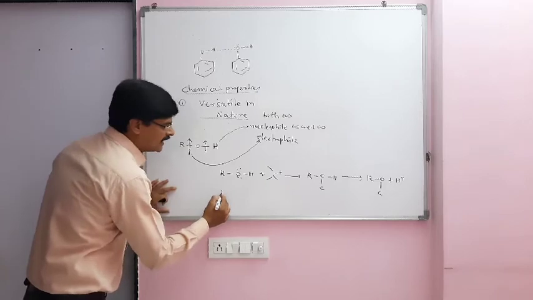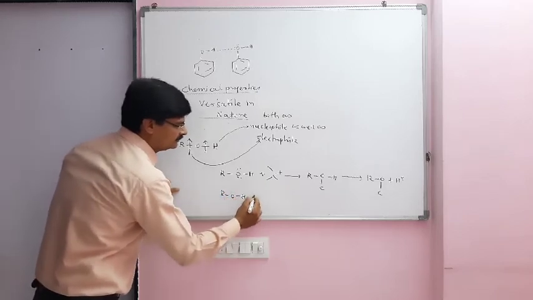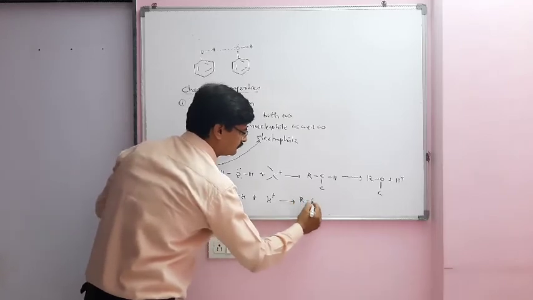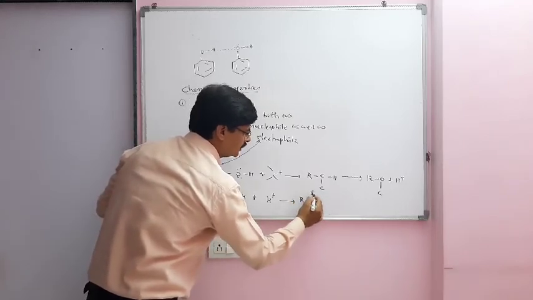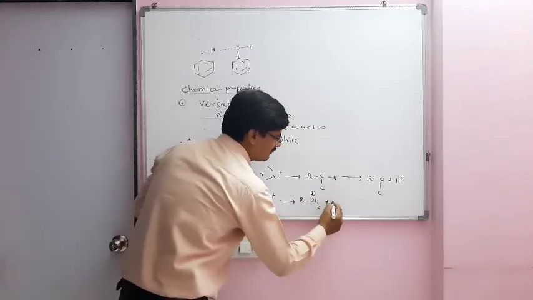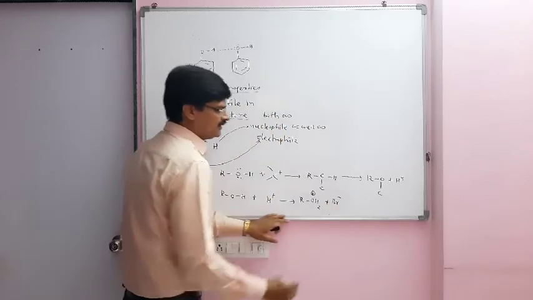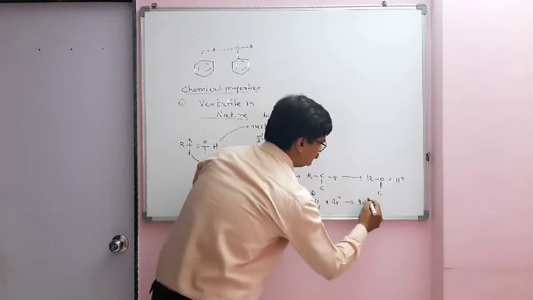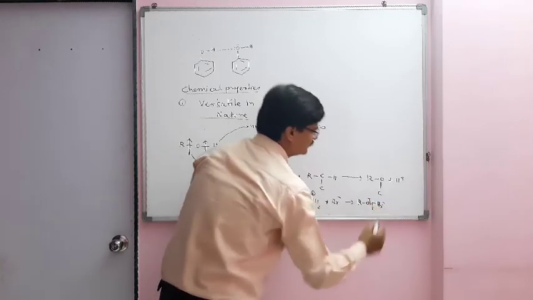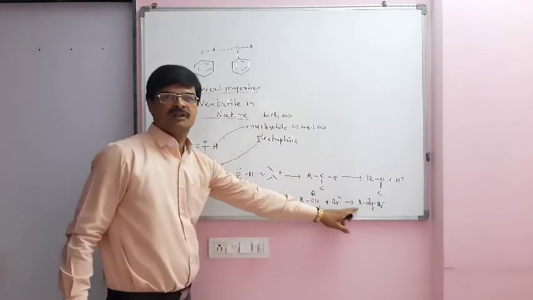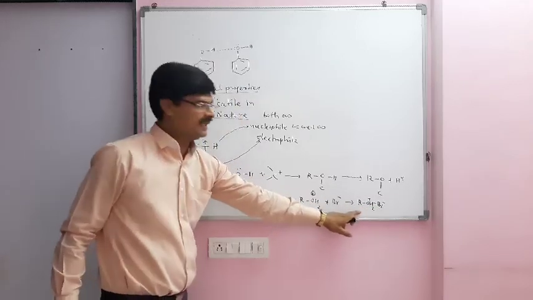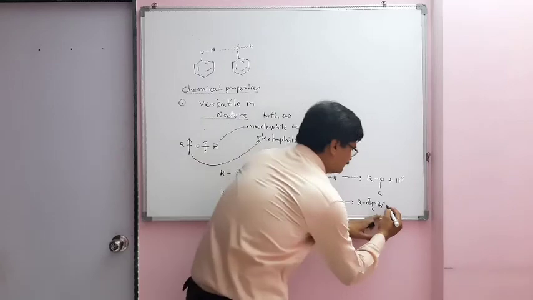But when it is acting as an electrophile, suppose attack of Br is possible, and the final product obtained from this is R Br, and H2 will be liberated.